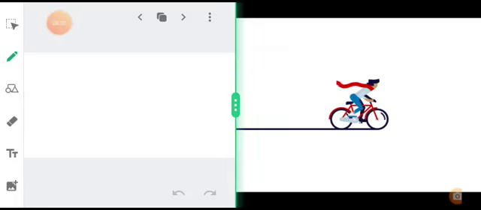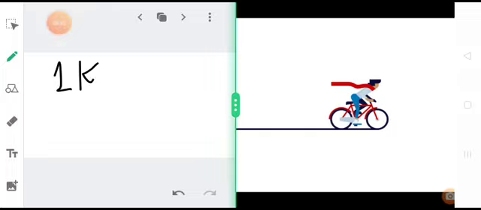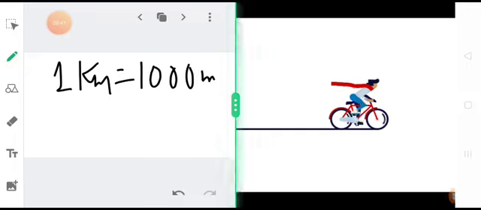Now a question. Suppose the value you have for speed is given in kilometer per hour, and you have to convert it into meter per second, the SI unit. How are you going to do it? We all know that 1 kilometer is equal to how many meters? 1000 meter.